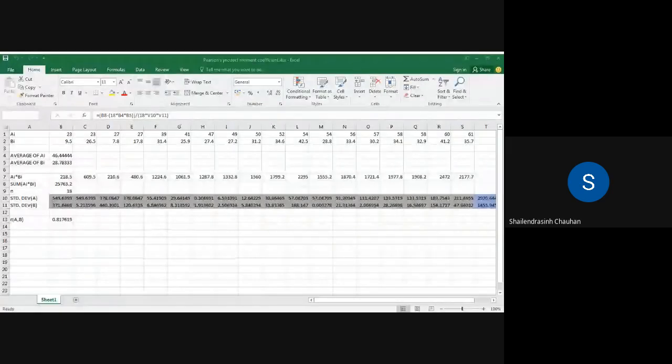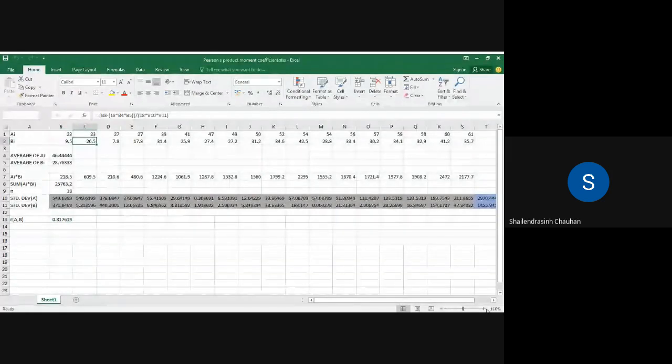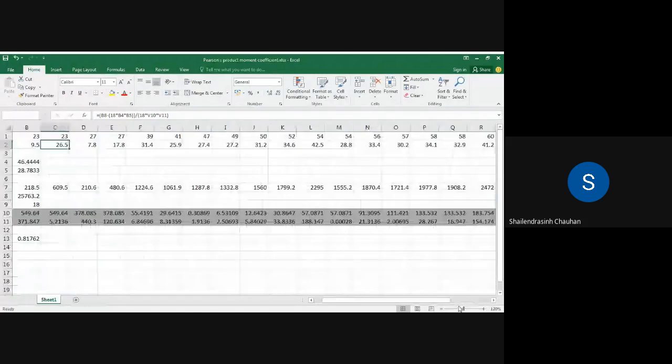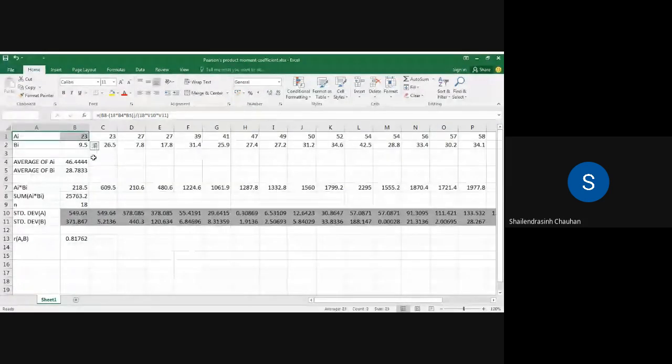Now let us go through that sum. So this kind of table will be given to you.